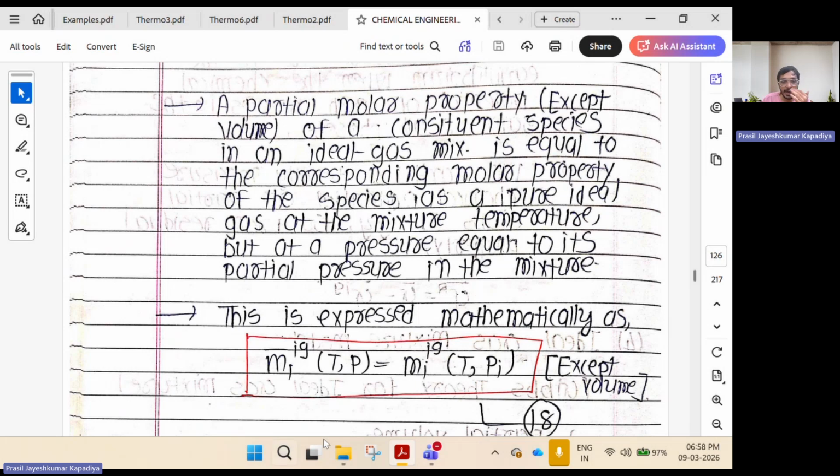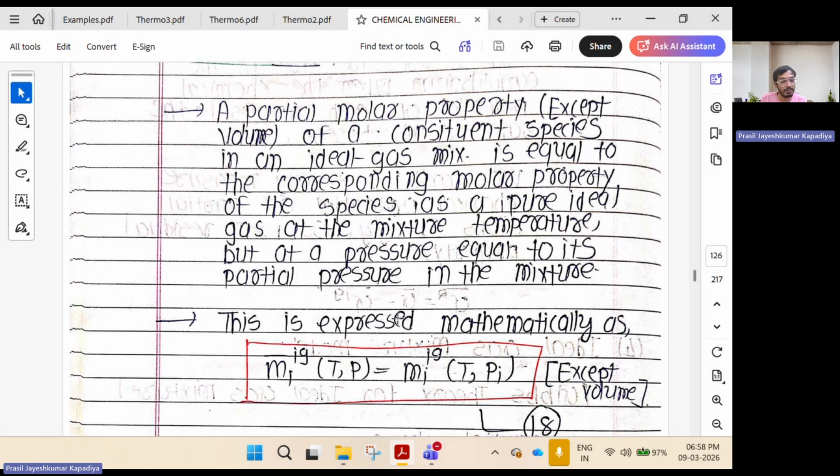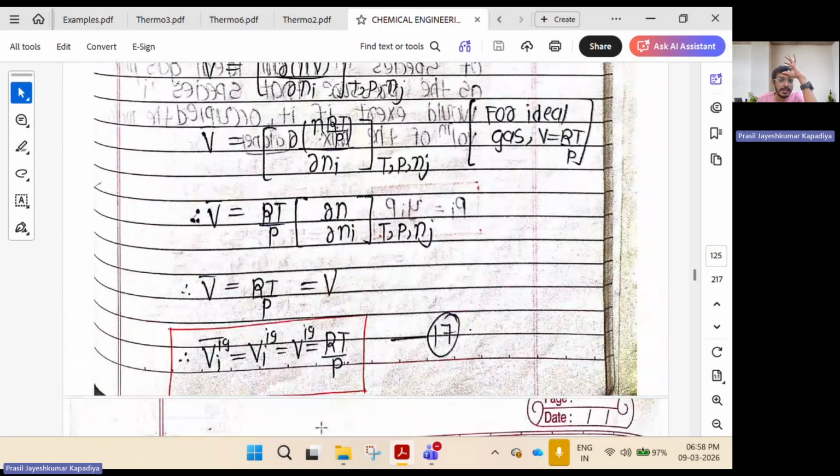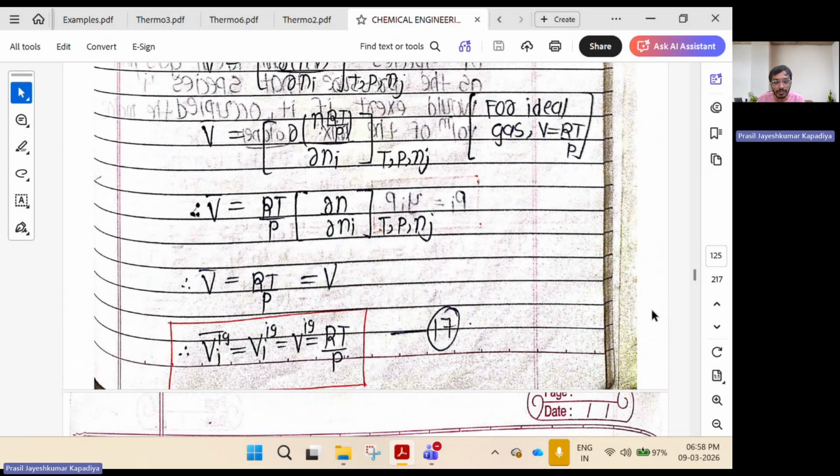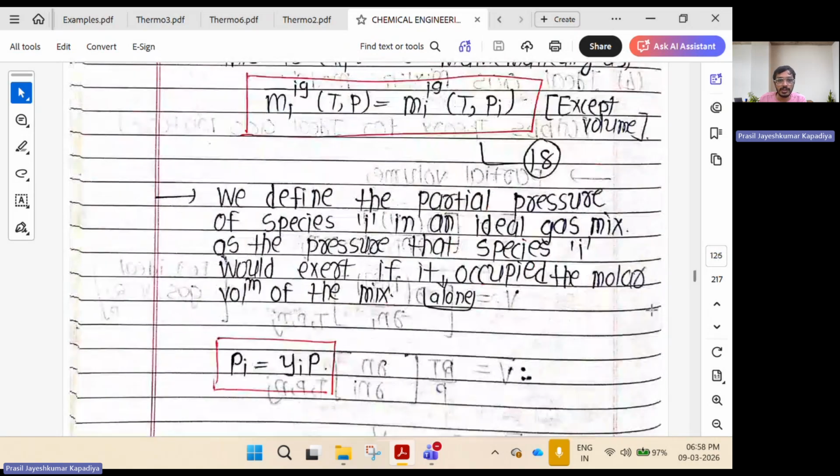Okay, so I can write that Mi bar ideal gas at temperature and pressure is equal to Mi of ideal gas at temperature but at pressure equal to its partial pressure, and this is not true for volume. We have already seen that the partial molar volume of a component in a mixture is equal to Vi of ideal gas only. Okay. So this was about that.